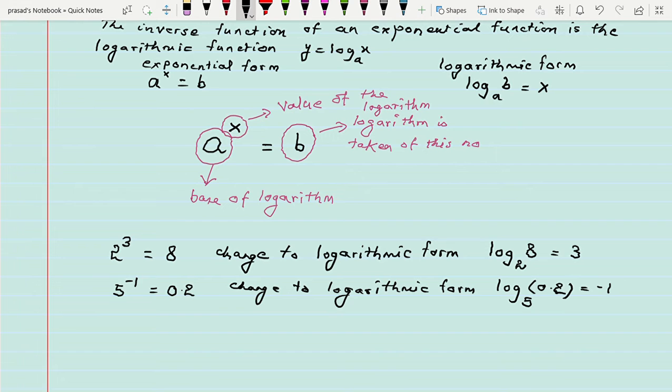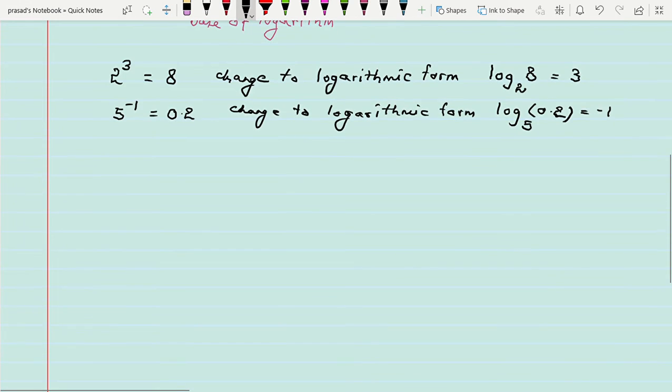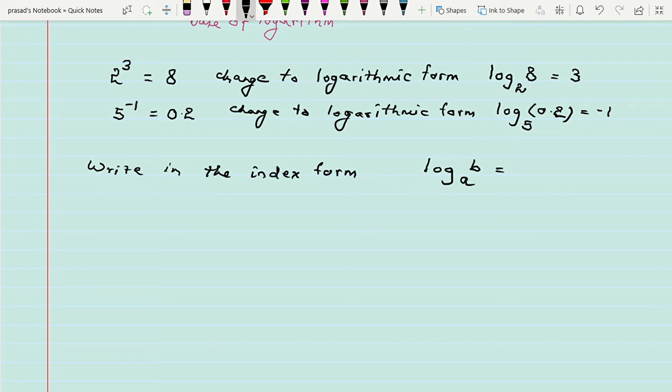Okay, now let us take some problems which are just in the opposite way. So, write in the index form. Now, keep one thing in mind. Suppose you have the log form as log of b to base a is equal to, say, m.